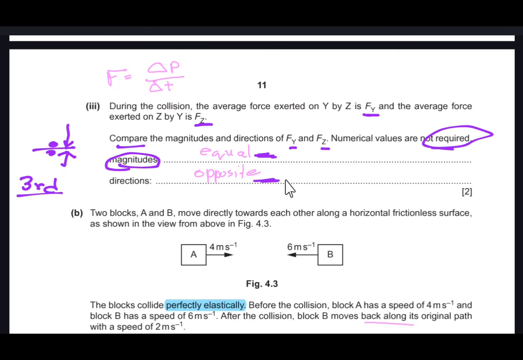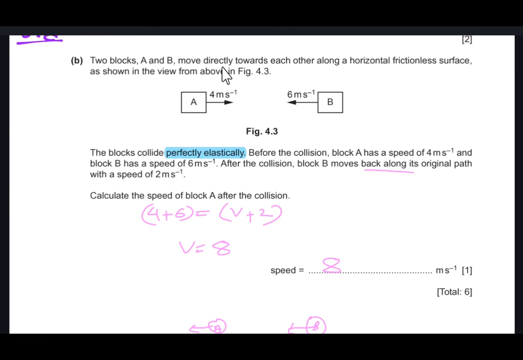Two blocks A and B move directly towards each other along the horizontal frictionless surface, as shown in the figure. The blocks collide perfectly elastically.